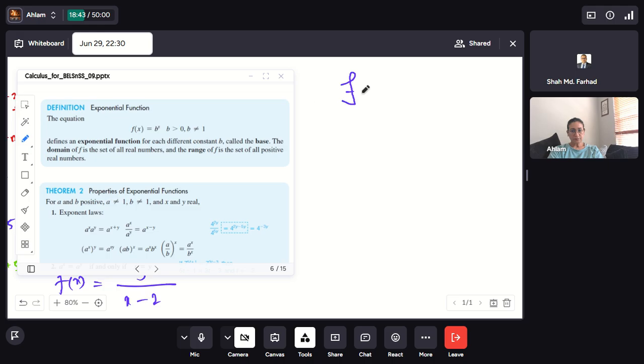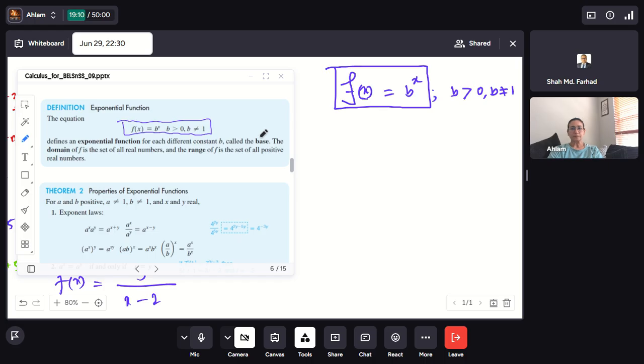The standard form of an exponential function is f of x equals b power x. Here the condition is b must be greater than 0 and b not equal to 1. This type of function is called an exponential function.